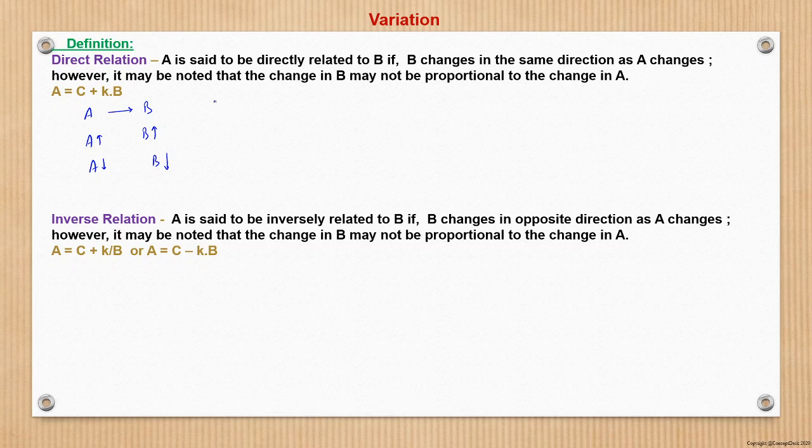One typical real life example for this is when a variable A is written as C plus K times B, so A is varying with B. Suppose C is a constant.